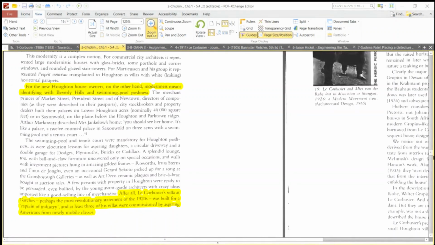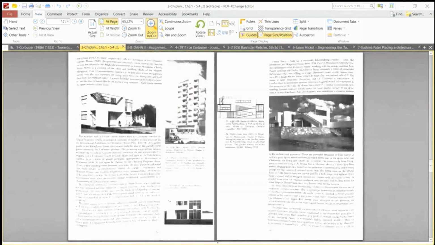After all, Le Corbusier's villa was built for a captain of industry, and at least 3 of his villas were commissioned by aspiring Americans from the newly mobile classes, right? So he's saying that modernism, when it emerges in South Africa, is in an elite sphere, an elite segment of society, as it was. Chipkin makes the comparison. I think that is all we're going to read.